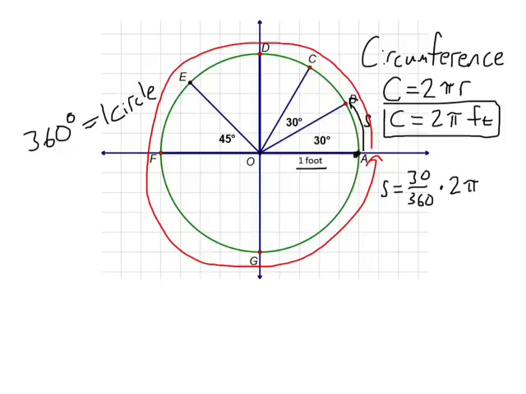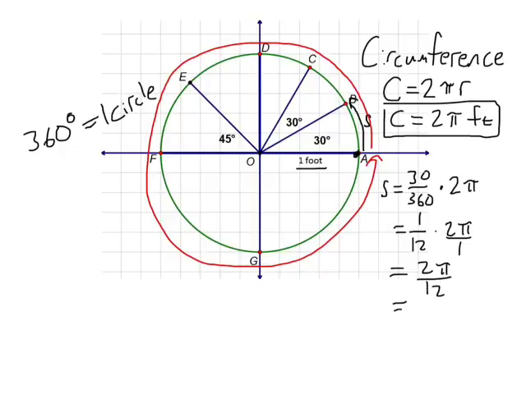If we just want to go a fraction of the turn from A to B, then we're going to go 30/360ths of that. If we clean that up, that's just 1/12 times 2 pi, which, think of this as a fraction if you want, is 2 pi over 12.